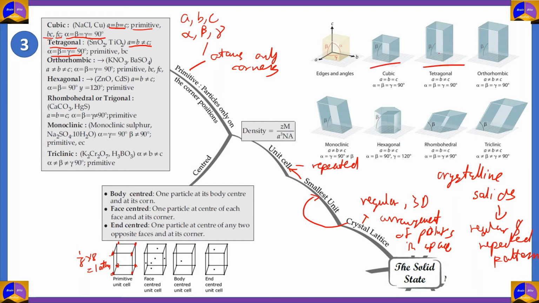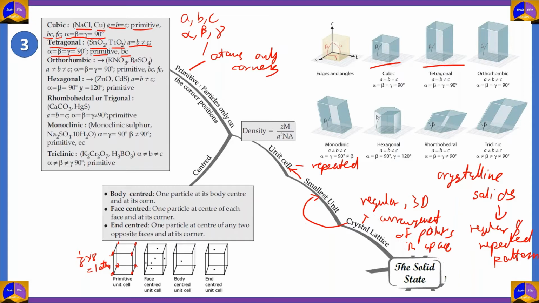However, in tetragonal, the length of c is different from the others. Primitive cells and body-centered cells can also undergo tetragonal shape. Examples for cubic include sodium chloride and copper. For tetragonal, we have examples of tin dioxide and titanium dioxide.